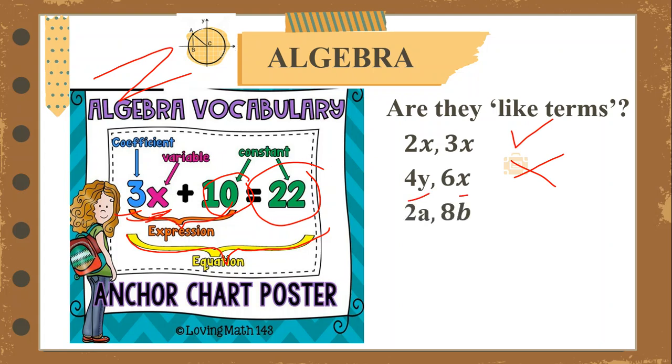Next, 2a and 8b, are they like terms? Okay, it's a no. Why? Yes, because the variables are different. Next, 8D and 5D, are they like terms?